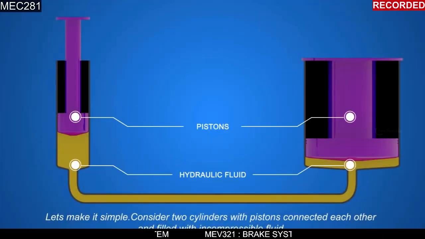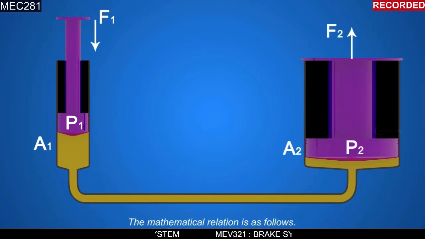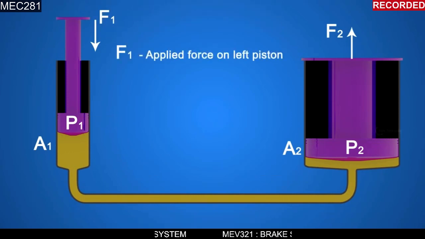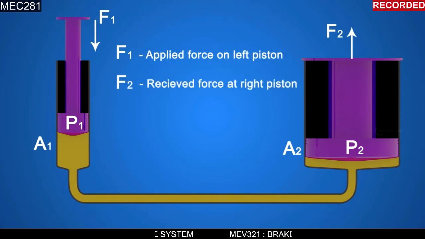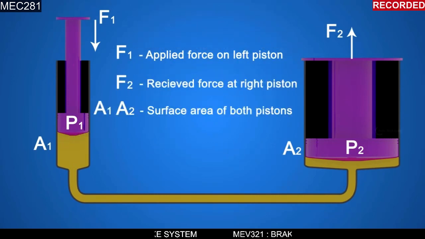Consider 2 cylinders with pistons, connected to each other, and filled with incompressible fluid. The mathematical relation is as follows. F1, applied force on left piston. F2, received force at right piston. A1 and A2 are surface areas of both pistons.